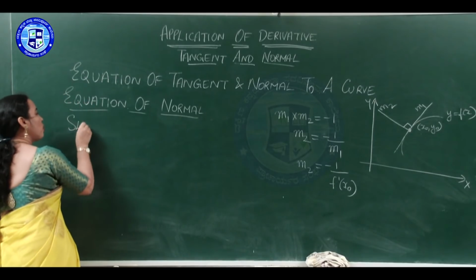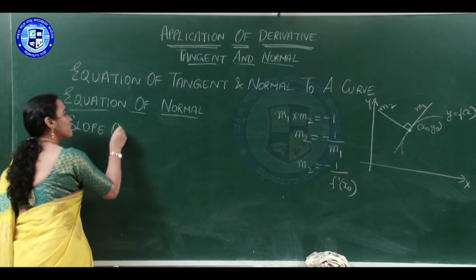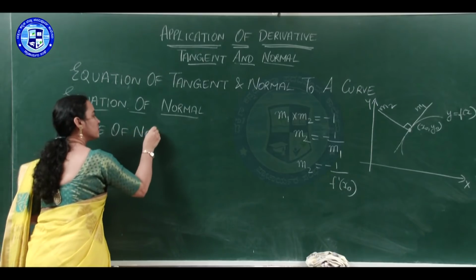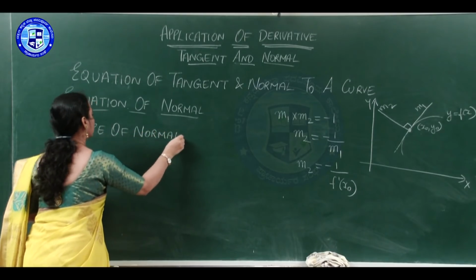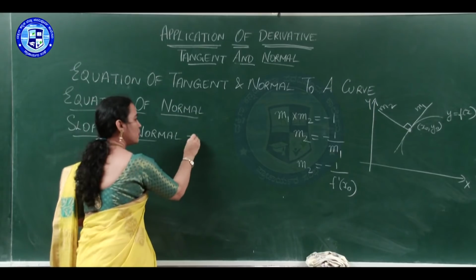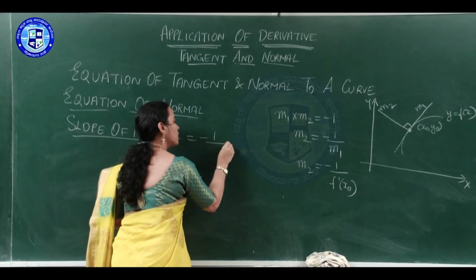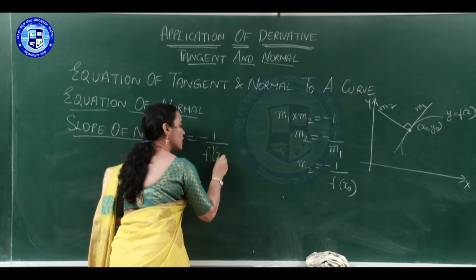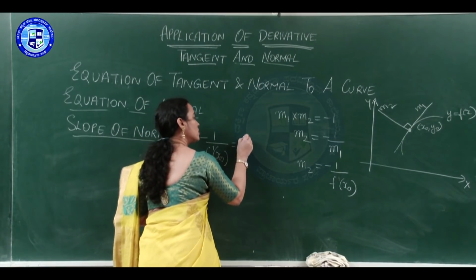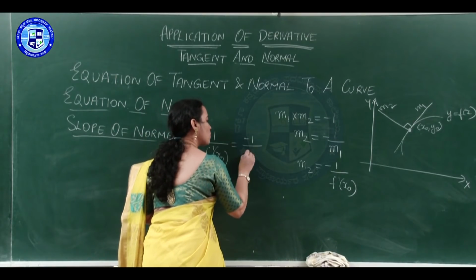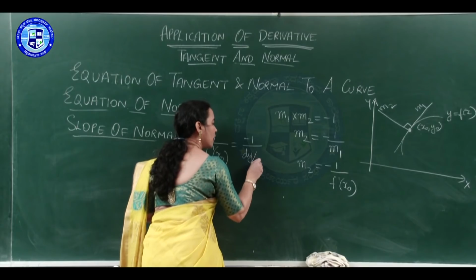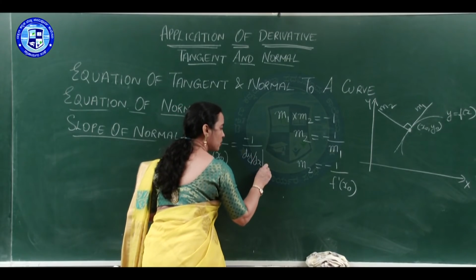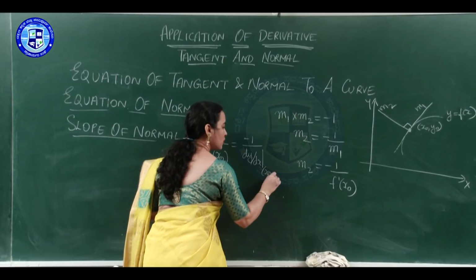So the slope of the normal is nothing but minus 1 by f dash of x naught, or we can also write it as minus 1 by dy by dx at the given point x naught, y naught.